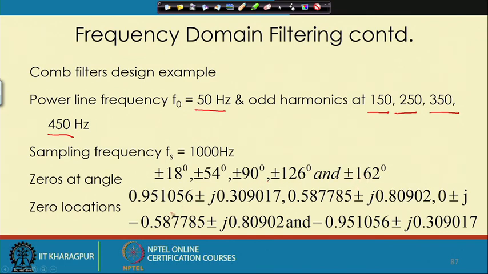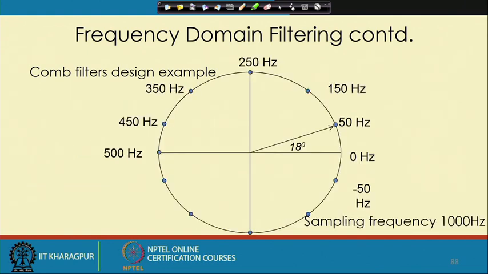Corresponding to these angles we can get the zero locations which are given here. That is cosine omega plus minus j sin omega, that is the formula. We get the location of the zeros, or we can say zero pairs, because again we need a real filter to efficiently clean a real signal.